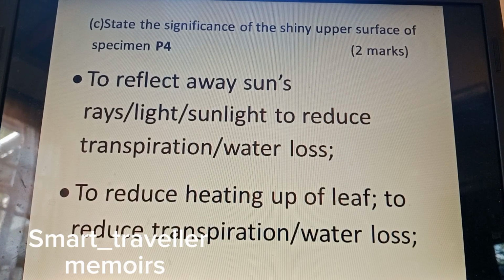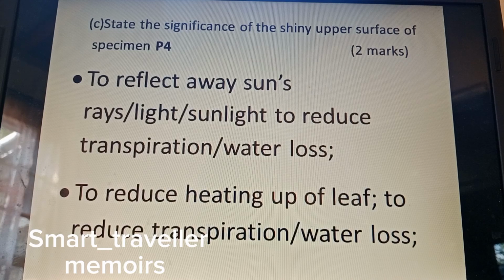C, state the significance of the shiny upper surface of specimen P4. To reflect away sun's rays, to reduce water loss, or to reduce transpiration. I'm saying strokes means you use only one answer. When answering in KCSE, students have problems after being exposed to marking schemes.